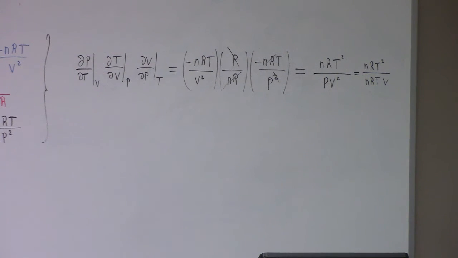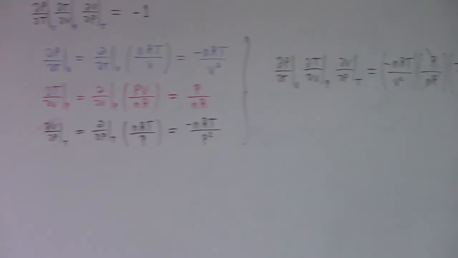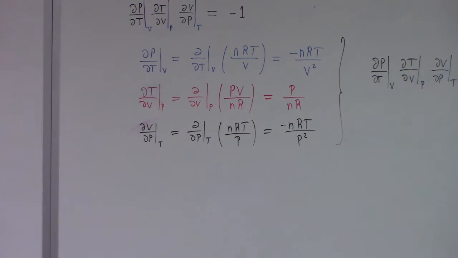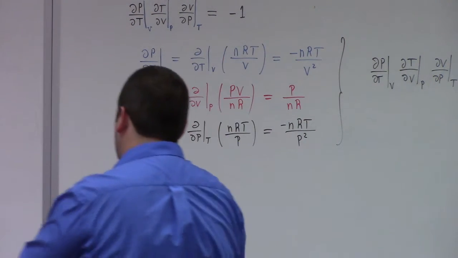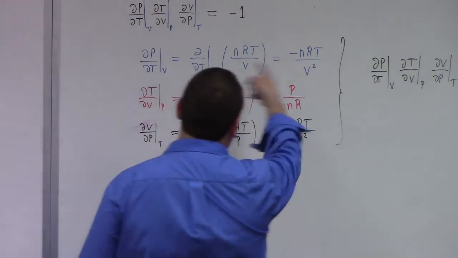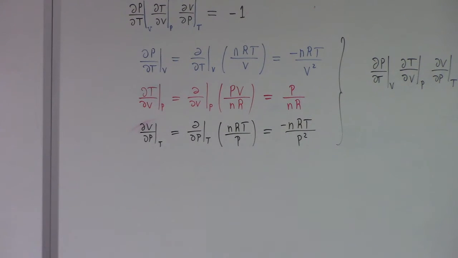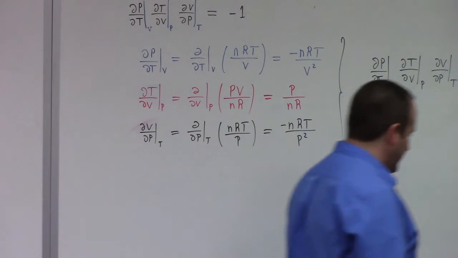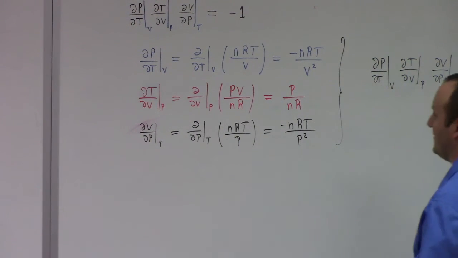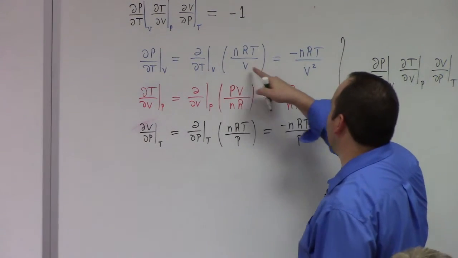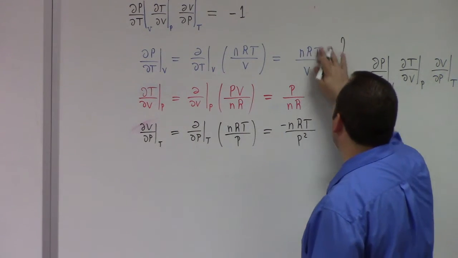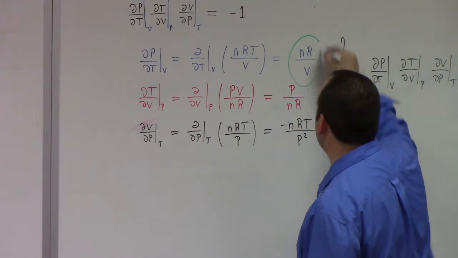So P is equal to nRT divided by V. Differentiate. Oh, look, the first one. Come on, guys. Don't let me get away with this. Look at this. You make me feel like I'm all alone up here. This is nR over V, right?